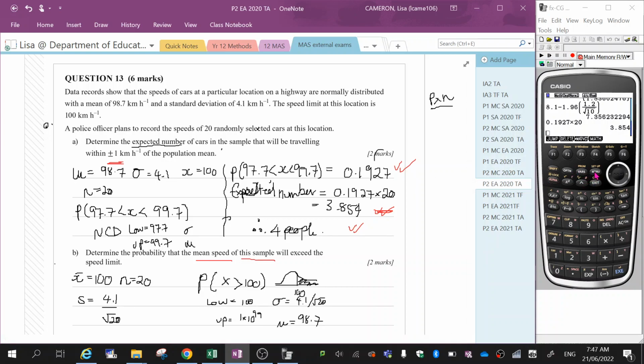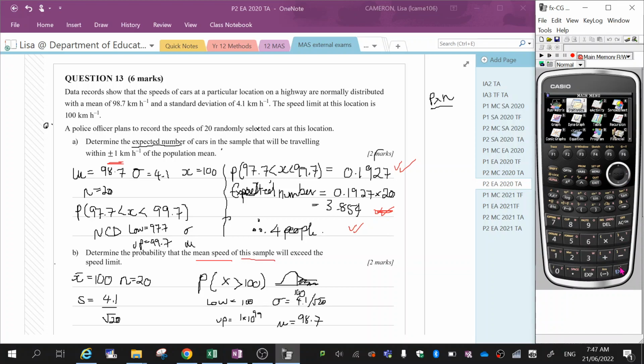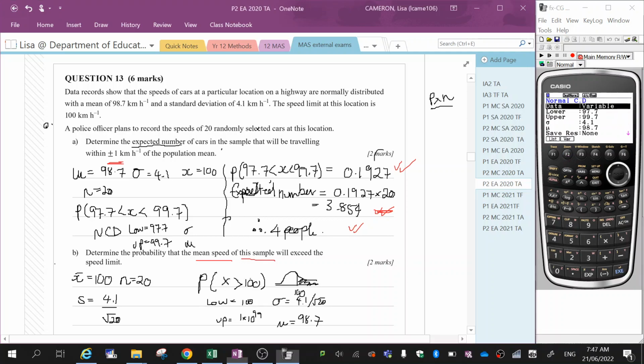Okay, so now let's enter it in. Go across, go to stats, distribution, normal. Now we want to find a probability, so we're going NCD. So our lower is 100.